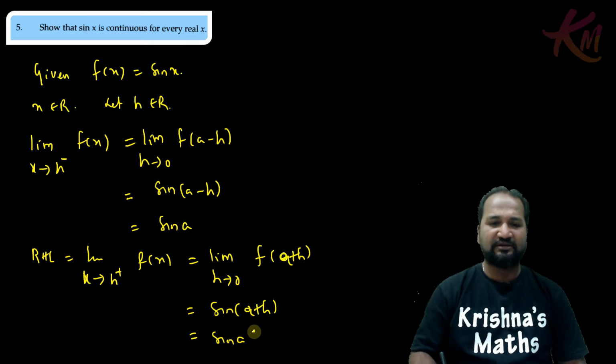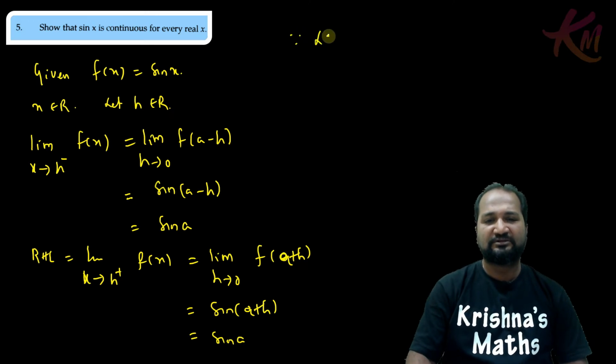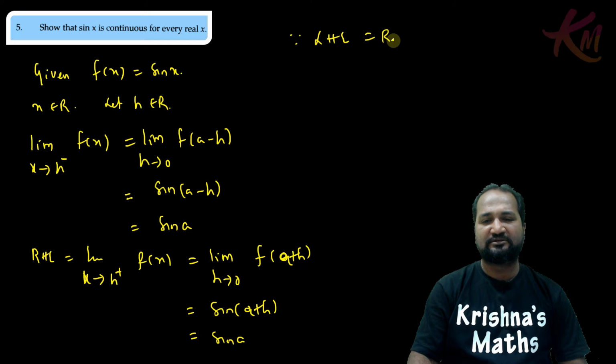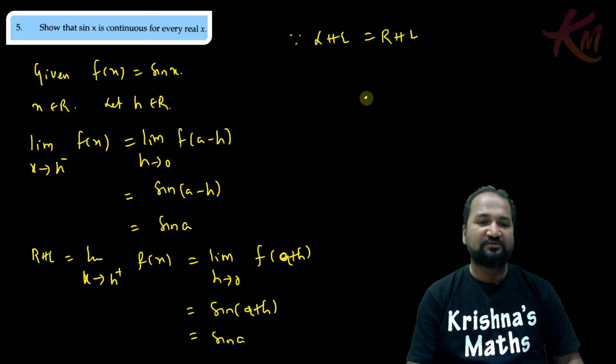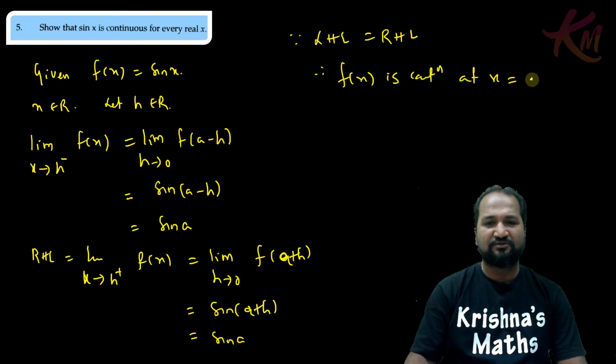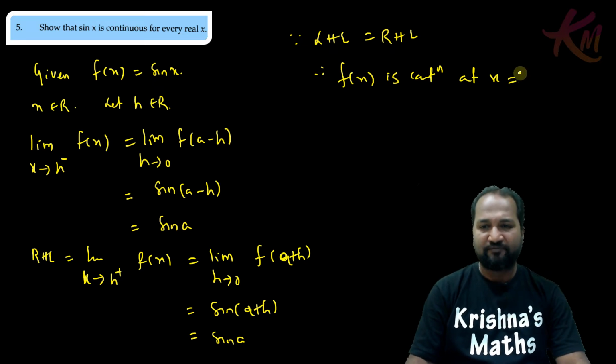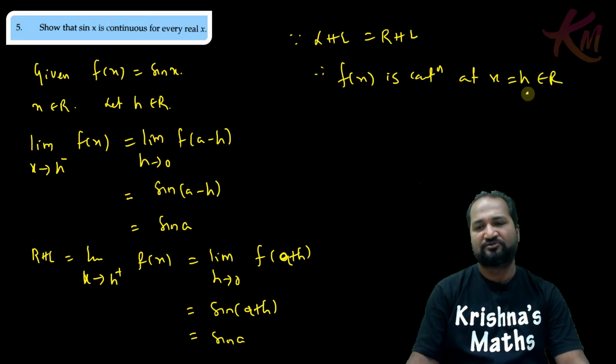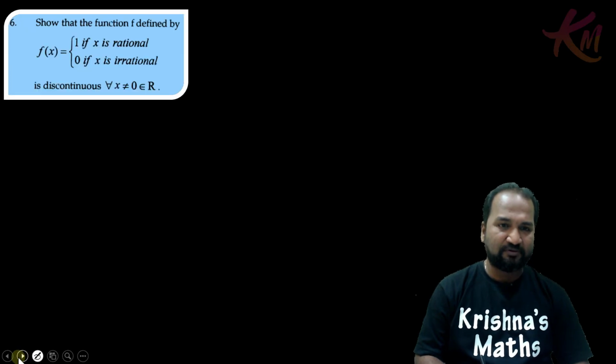Putting h as 0 we get sin a. Therefore, since LHL is equal to RHL, f of x is continuous at x is equal to a, where a belongs to R, for every real number.